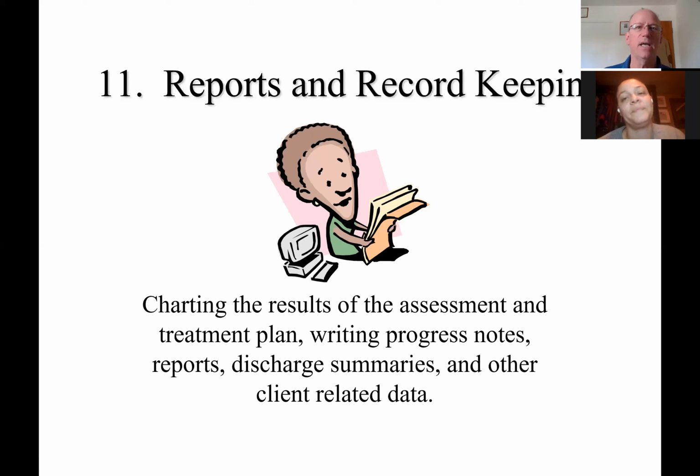Increasingly, the payors, the people who are funding social work services, want to see that there was an evidence-based assessment, a treatment plan written, that the treatment plan has been updated and implemented, and that you are documenting your progress towards your treatment goals and outcomes on a session-by-session basis. So it has to be charted.